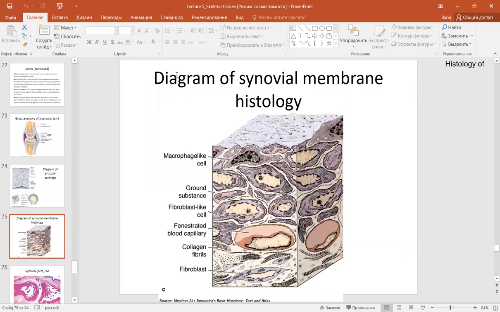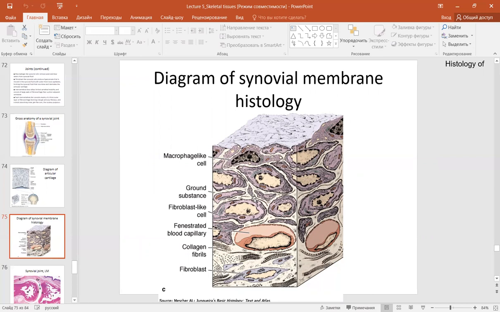And here you have the diagram of a synovial membrane histology. It's an exception to the rule that instead of epithelial cells, macrophage-like cells are covering the surface of the epiphyseal part of the articular joint. Ground substance is represented by the macrophage and fibroblast-like cells.